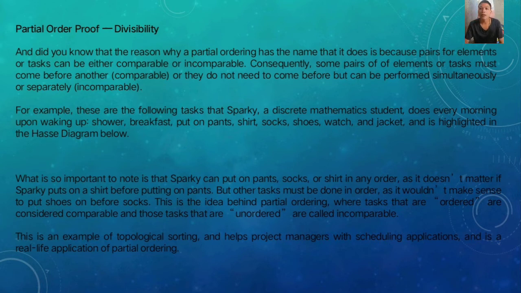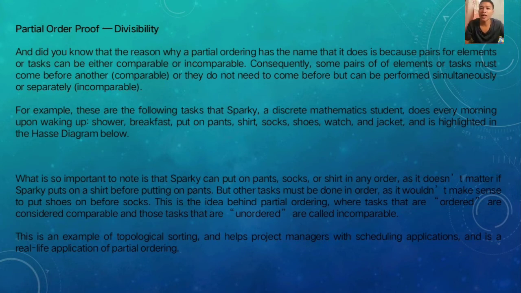For example, these are the tasks that Sparky, a discrete mathematics student, does every morning upon waking up: shower, breakfast, put on pants, shirt, socks, shoes, watch, and jacket. It is highlighted in the Hasse diagram below.